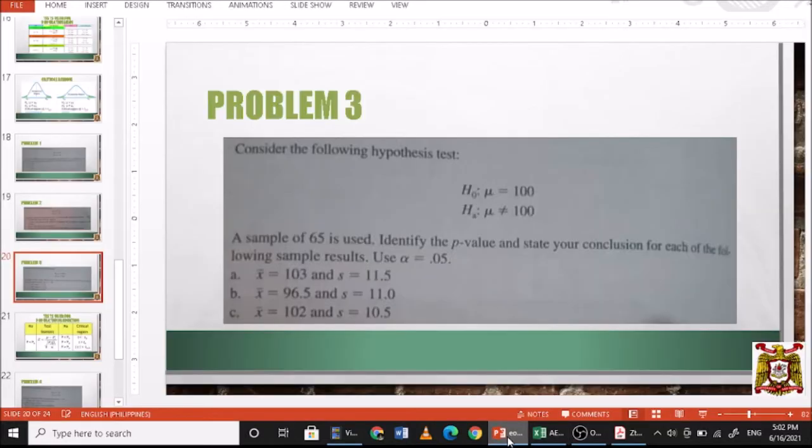So for the first problem, we reject the null hypothesis and say that the mean is not equal to 100.